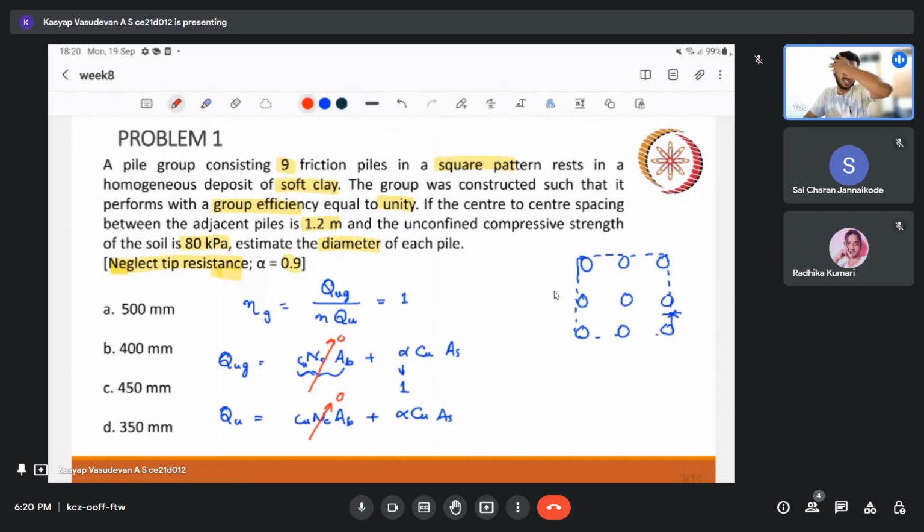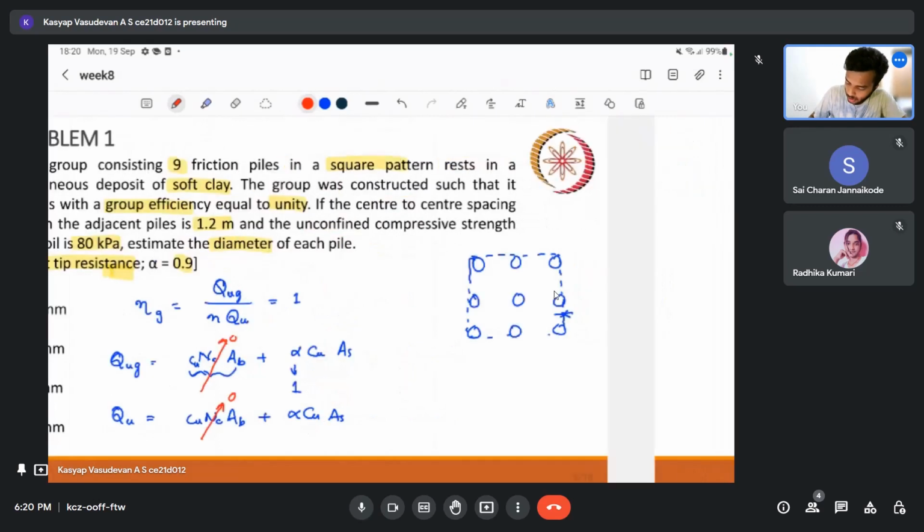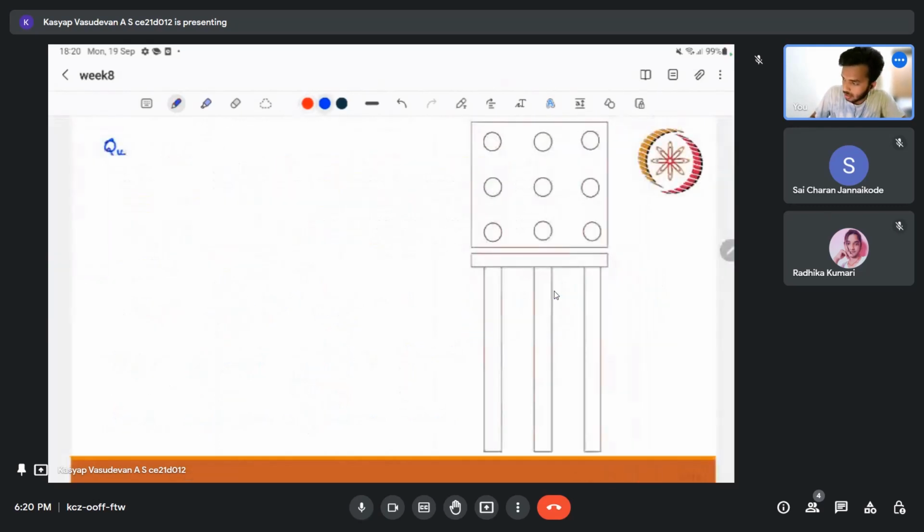So it's safe to neglect the tip resistance, because anyway it will be on the conservative side. Okay, so let us start and see what happens. So we have QUG is equal to, since the first part is not there, CU ASG, right?